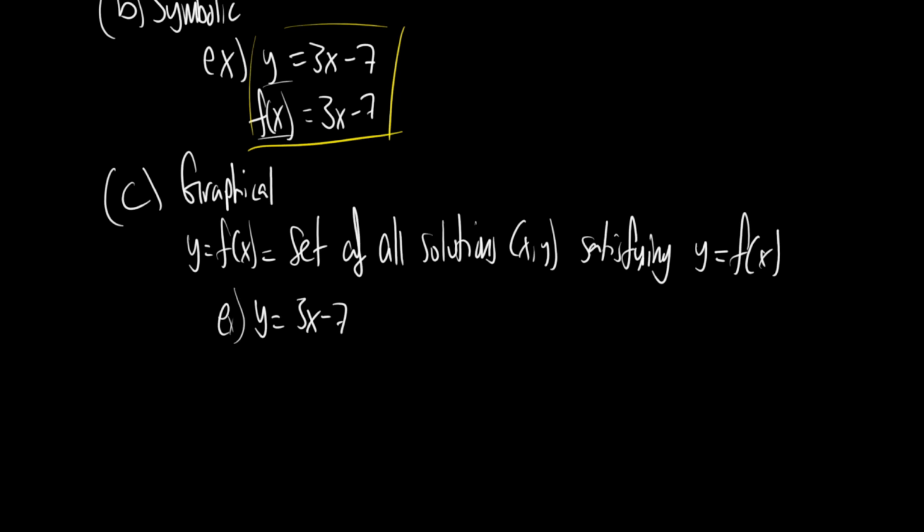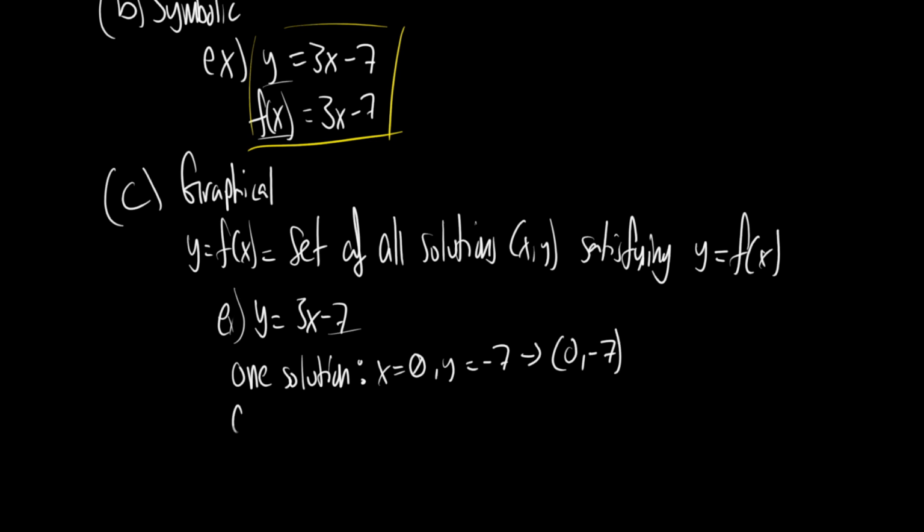We could plug this into the calculator and choose 3 random solutions. If we were to plug in x equals 0, we get y equals -7. And this would create the point (0, -7).